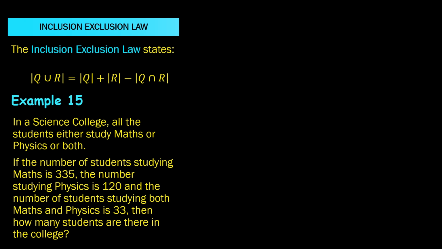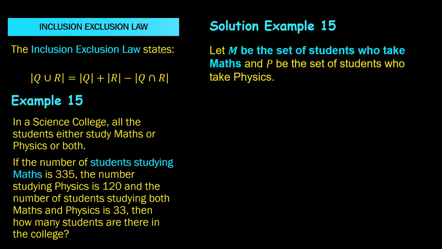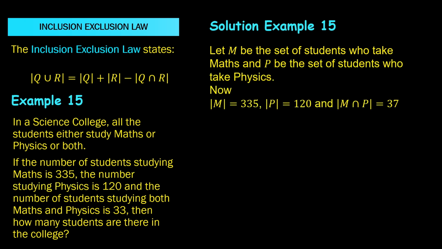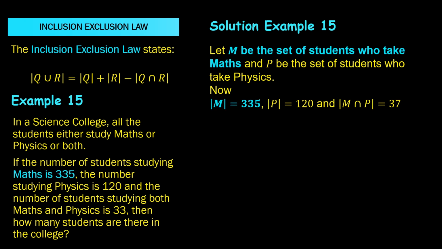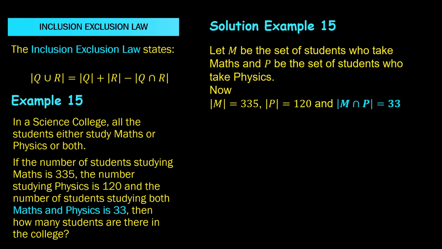So let's solve this. Let M be the set of students who take maths, and let P be the set of students who take physics. We have that the cardinality of M equals 335, the cardinality of P equals 120, and the cardinality of M intersect P equals 33.